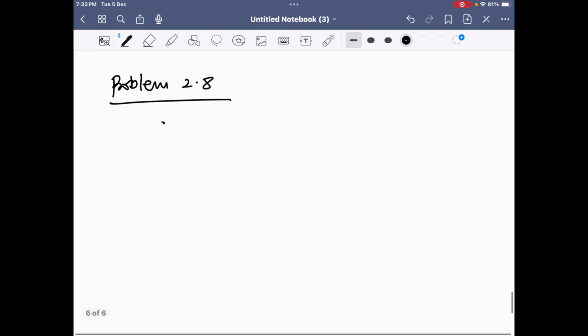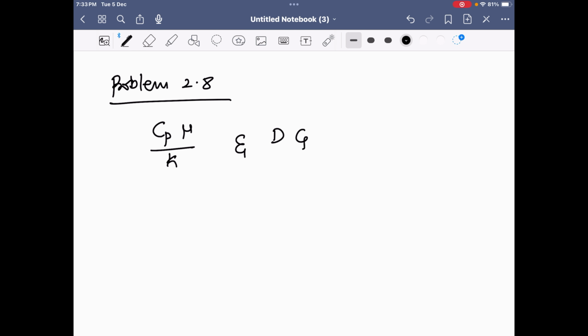What are the groups? That is Cp mu by K and DG by mu. So, first let us evaluate the unit of these two groups. This is one group and this is one group.